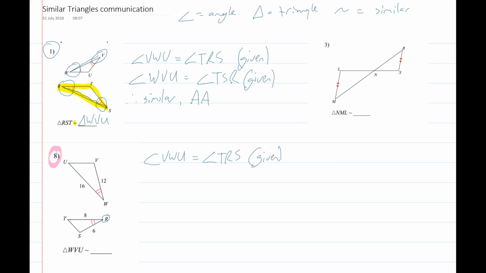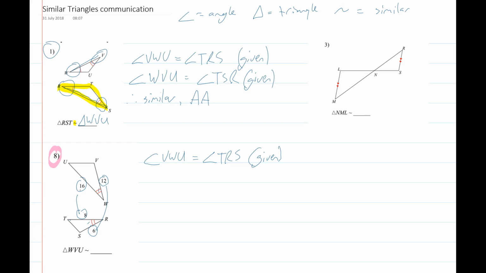Now let's take a look at our sides. How do we write down and communicate with sides? Well, let's see if we can match up our sides. We've got 12, probably matches up with the 6, and then the 16 matches up with the 8, and they're on either side of those angles. That works. We can see pretty easily that 12 divided by 2 is 6, and 16 divided by 2 is 8.